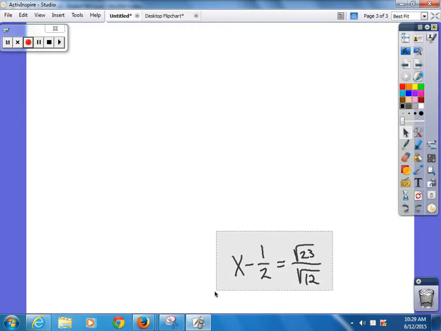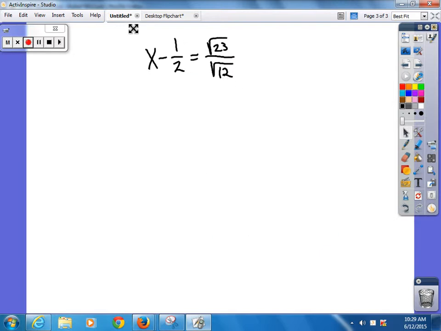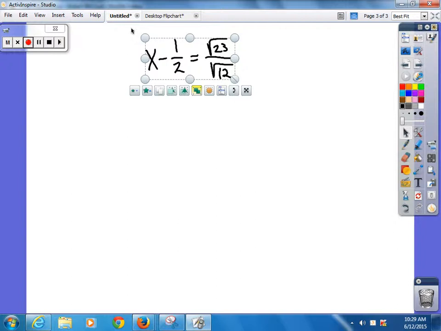Now, first of all, this 12 has a perfect square in it. What's the perfect square? 2, 3, 4.